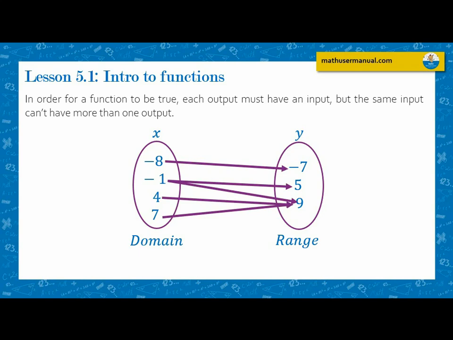That's totally fine. The problem here is this: -1 is having 2 different outputs. This is not allowed. An input cannot have more than one output, meaning this is not a function. And this is one of the ways we have to prove whether a relationship between numbers is a function or not.